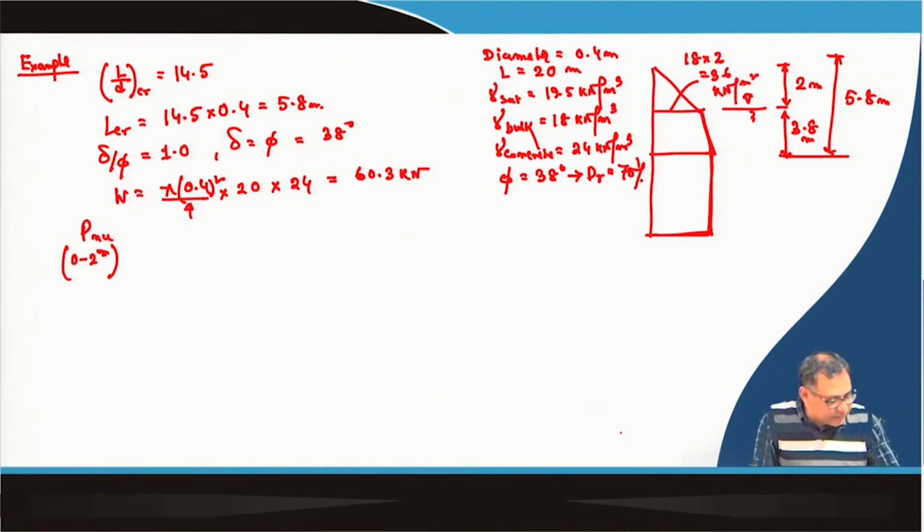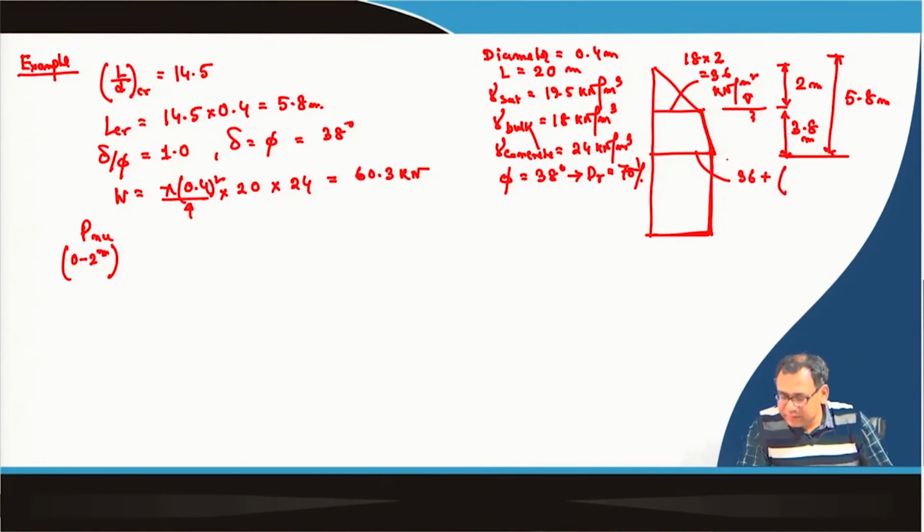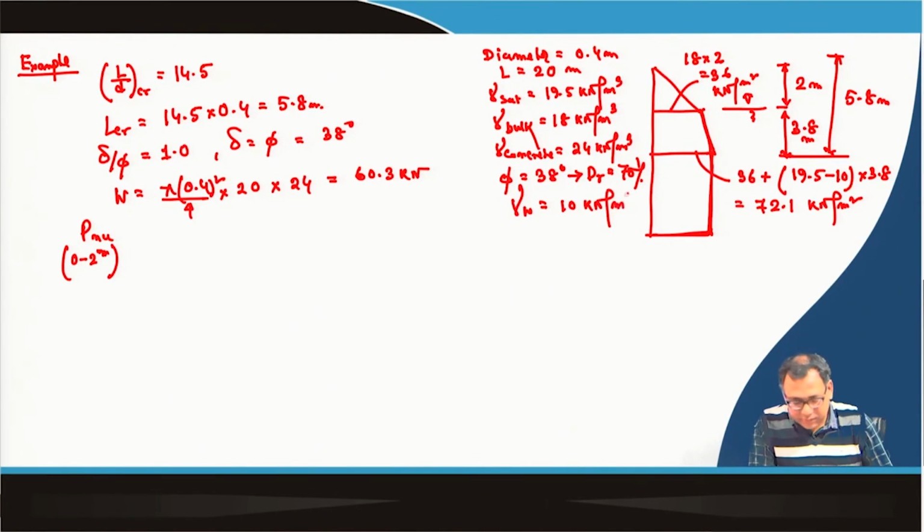And this value will be 36 plus (19.5 minus 10) into 3.8. So, that will be equal to 72.1 kilonewton per meter square. We have considered unit weight of water as 10 kilonewton per meter cube.